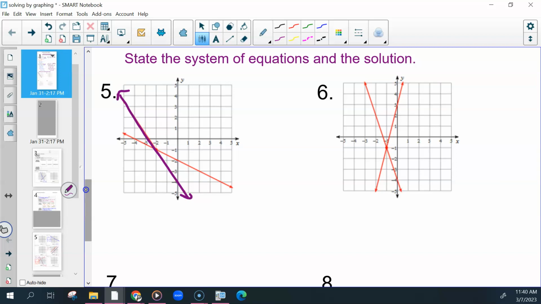Think about your slope, find your y-intercept. What would that equation be?